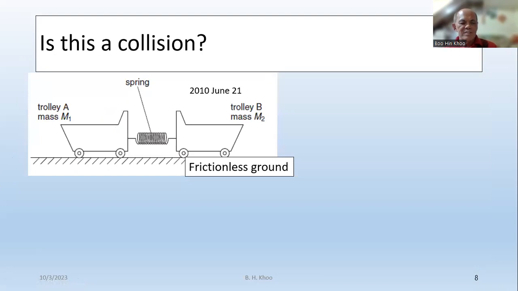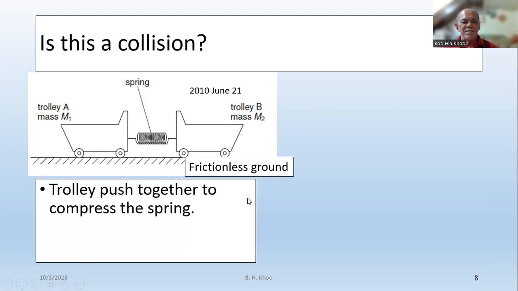Is this a collision where you push two trolleys together? It's taken from a 2021 June paper 21, where you push two trolleys together. That's the spring, and this is the frictionless ground. After that, you release it. So is this considered a collision? Trolleys pushed together to compress the spring. This is just to give you the idea of an explosion.